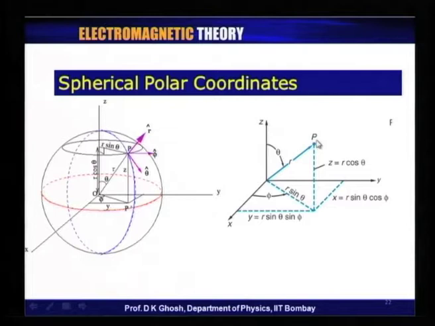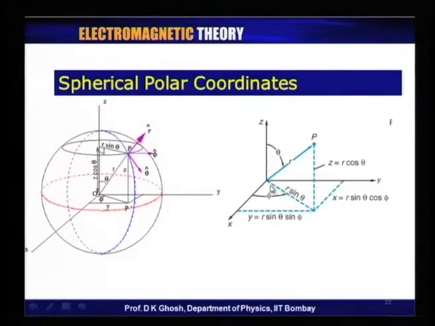Now, this angle theta is another coordinate of my spherical polar coordinate system. From P, drop a perpendicular onto the xy plane. Now, notice that, and then join the origin to the foot of the perpendicular. So, this is the P, drop a perpendicular onto the xy plane, join O with this.